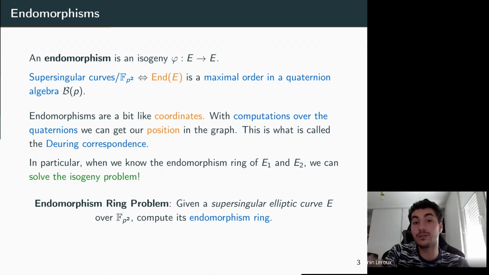This is really to give you an idea how important those endomorphisms are. And of course, this means that the endomorphism ring problem, the one of given a curve computing its endomorphism ring, must be hard. Otherwise, as I said, I will be able to solve the isogeny problem. In fact, we can show that this endomorphism ring problem is equivalent to the isogeny problem. So these two are really connected to one another.